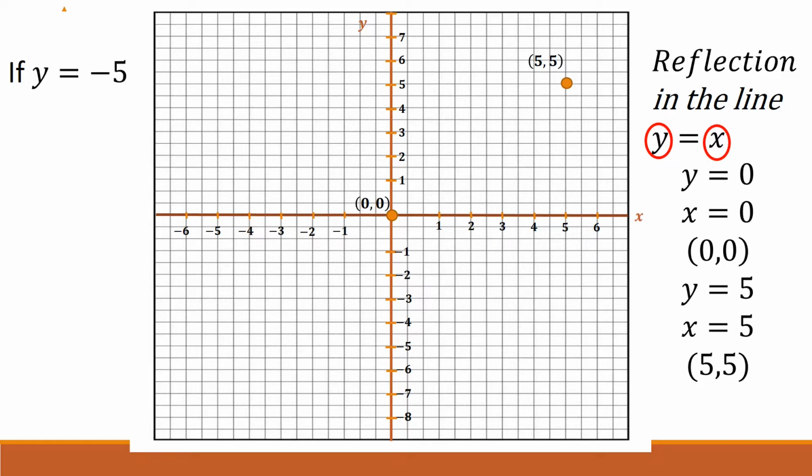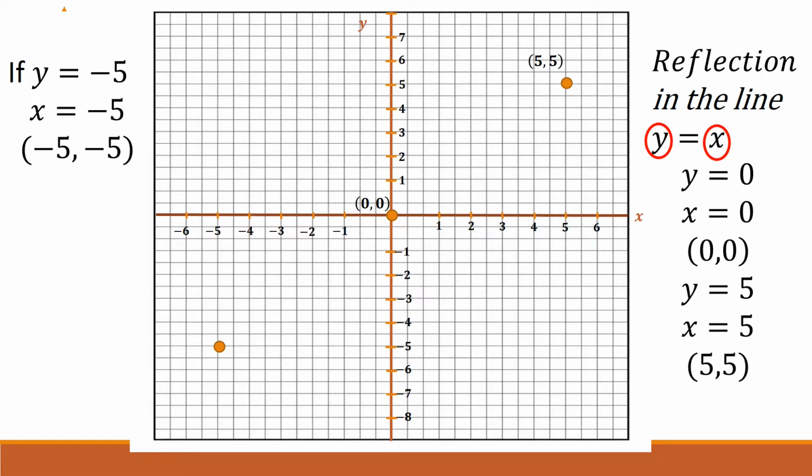Now, what if I choose the value of y to be negative 5? What will be the x value? Automatically, the x value also becomes negative 5. So the point becomes (-5, -5).